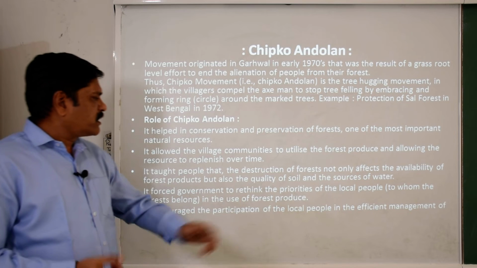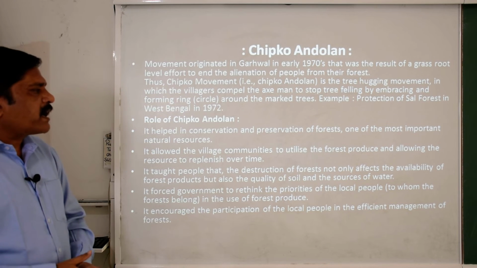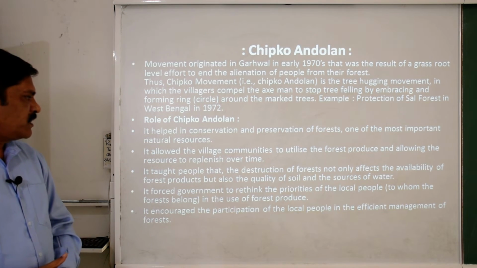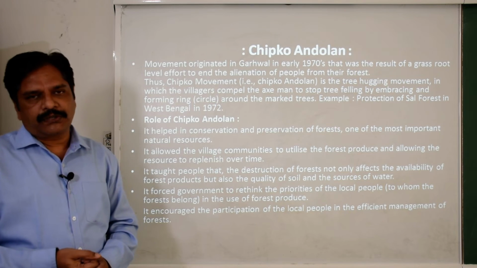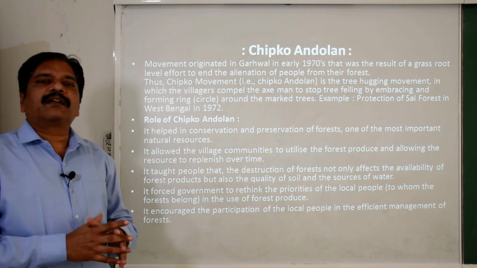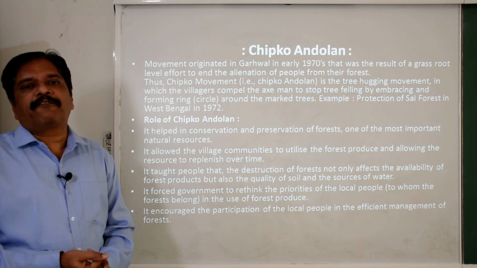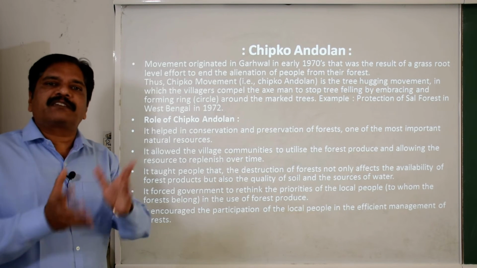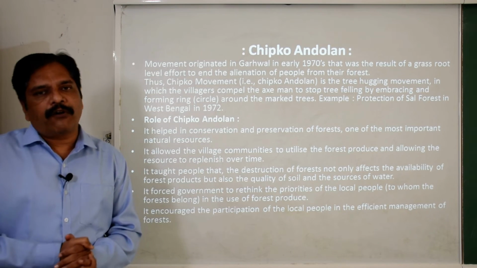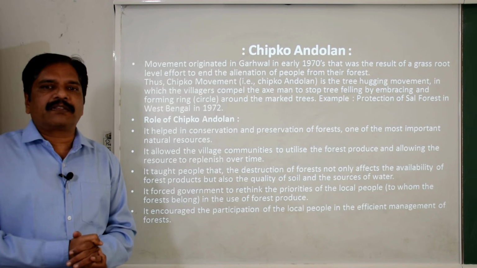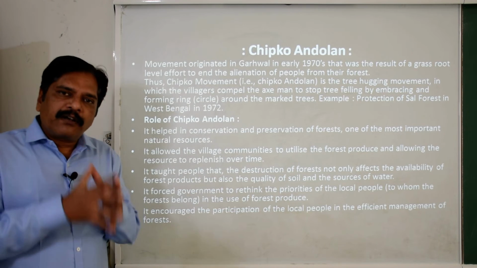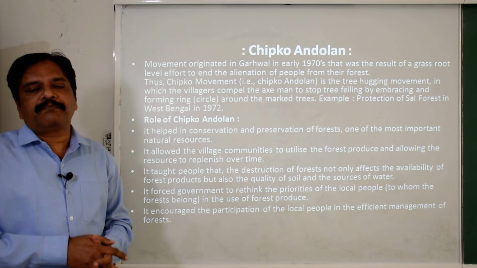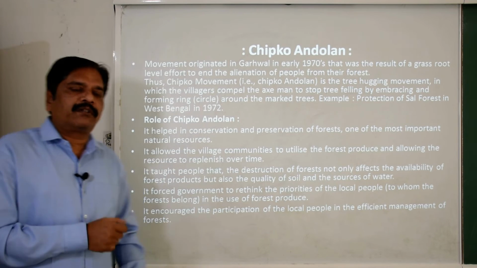Okay, it forced the government to rethink the priorities of the local people in the use of the forest produce. Just like we learned earlier, these local people are the first stakeholders, because their life is directly influenced by the forest and its wealth, forest wealth. So first we think about these local people and the wildlife, and then we should take all this one.